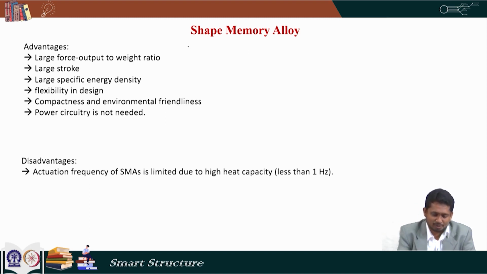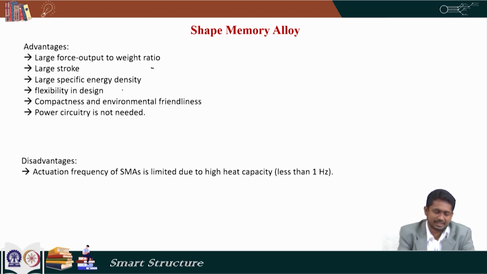The advantages of these materials include large force output to weight ratio and large stroke, because we have seen that they can be strained up to 3 to 8% depending on the material, and that amount of strain can be recovered. So, there is large displacement, large force when the material tries to recover the shape, and there is large specific energy density.